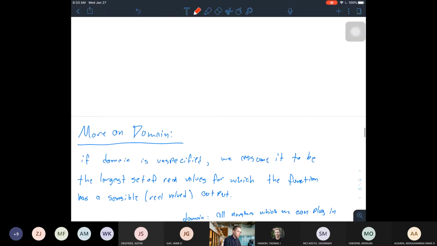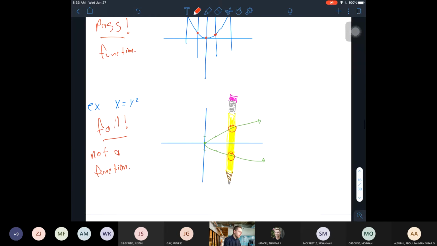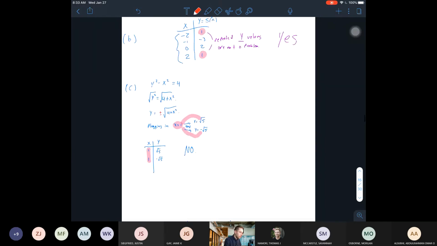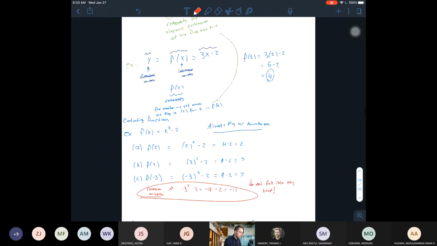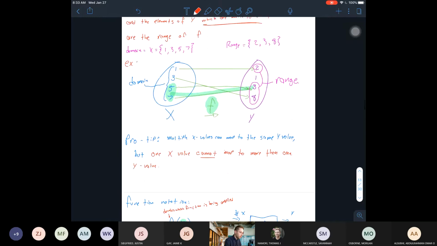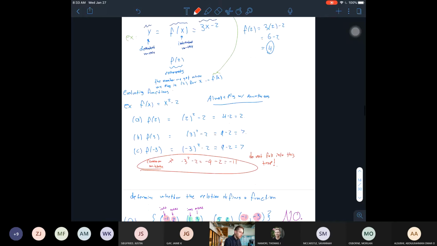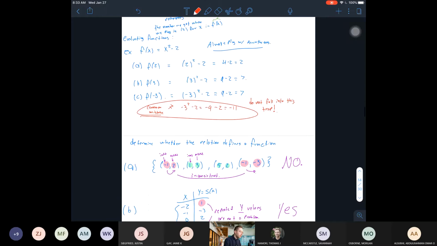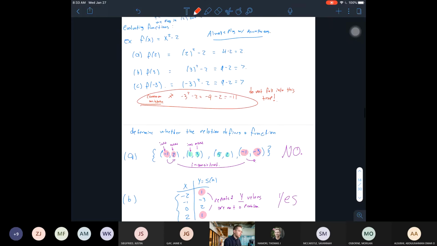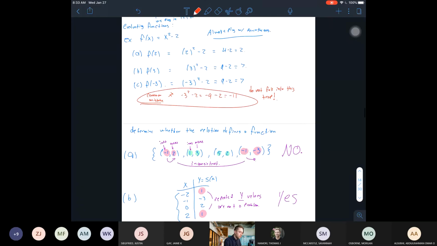So let's recap where we were last time. Last time we were talking about functions. We learned what it means for something to be a function, and we drew some pretty pictures. We talked about function notation, and how we evaluate functions at points by plugging in with our parentheses.